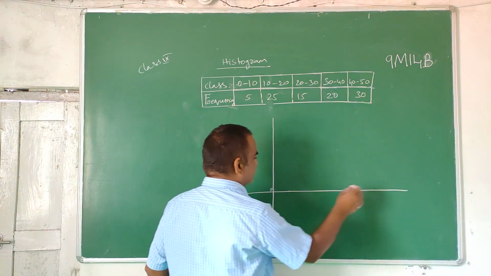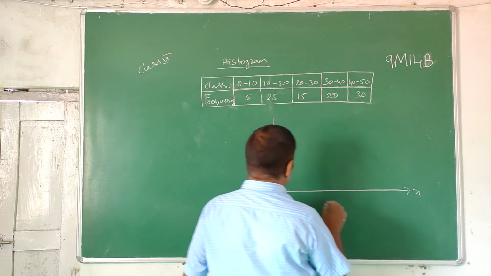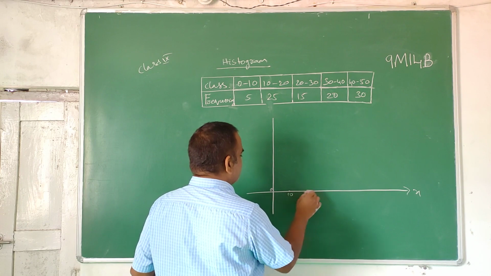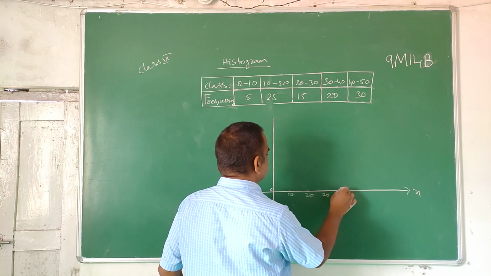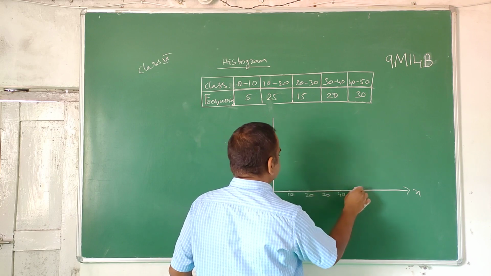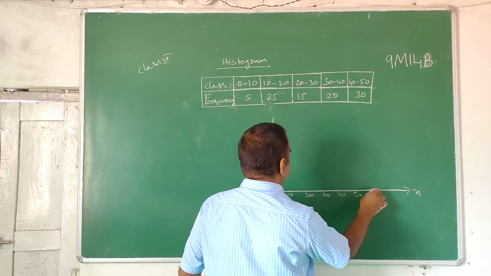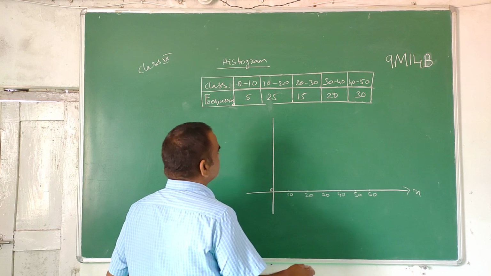So on the x-axis we take the classes, and on the y-axis we take frequencies.